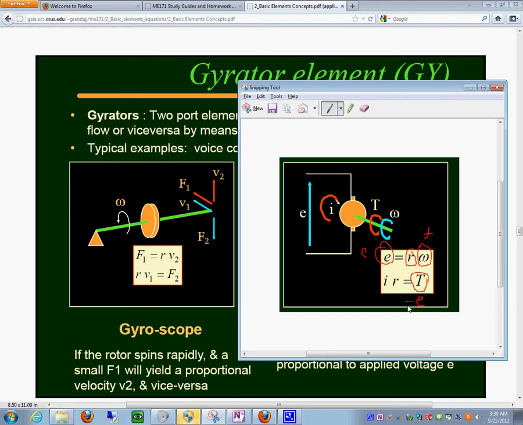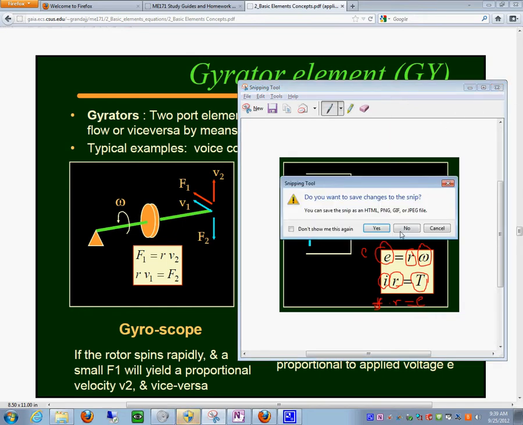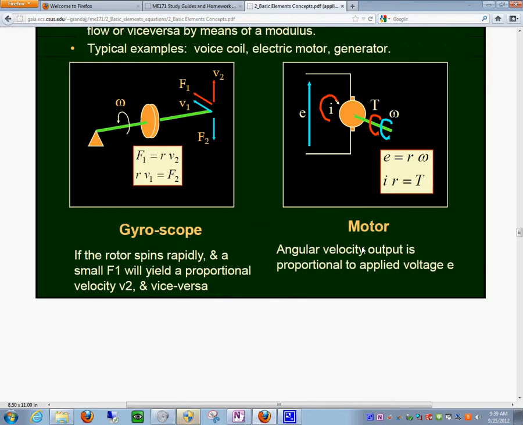This is the result of a flow variable, which is I here, multiplied by the gyrator modulus. So F times R equals T, or you could say F times R equals E. See? So the gyrator is not a transformer, it's very different.